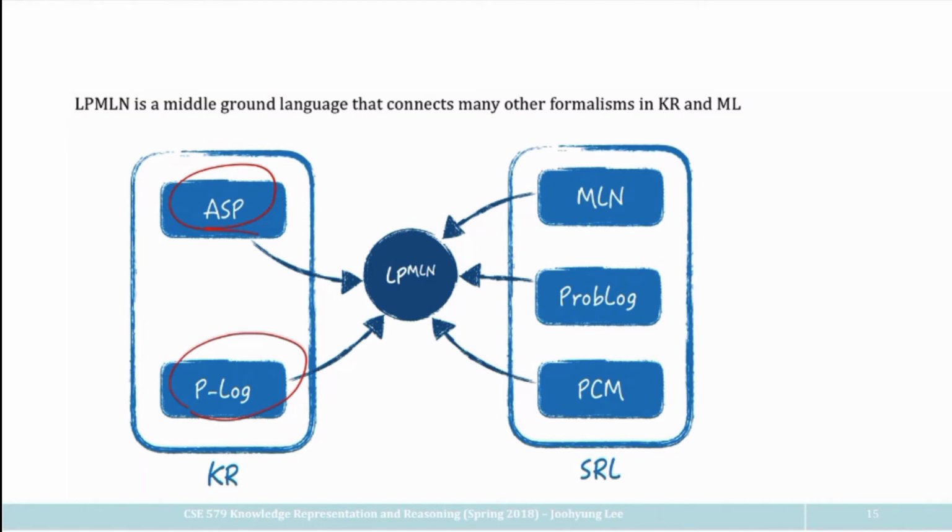But we can actually capture these things in LPMLN, as well as statistical relational learning, MLN. We didn't actually go over ProbLog and PCM, but those can also be captured in LPMLN. So if you go to the paper link, you will see more translations of this kind. Somebody asked about intervention or causal models. So that's actually this direction. Okay? All right.